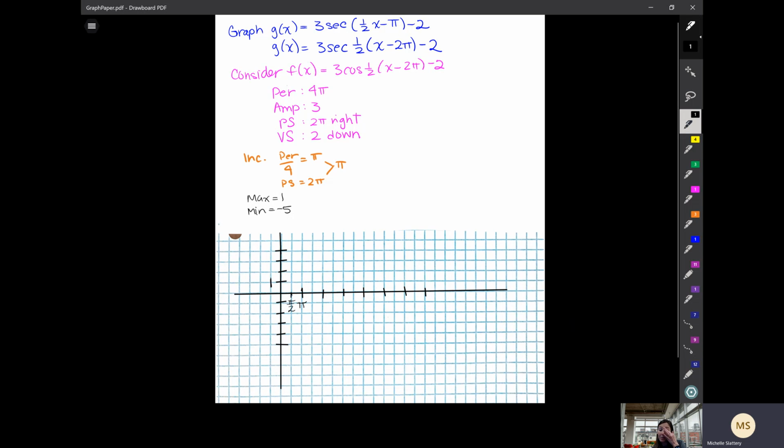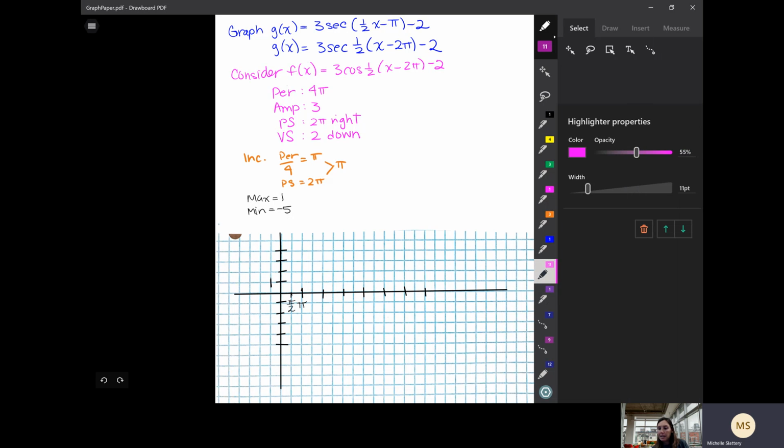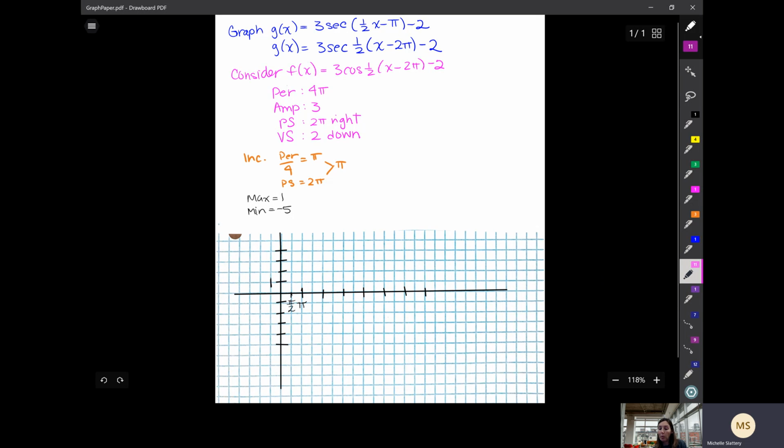Okay, cool. So graphing then what my cosine function would look like. I'm just going to graph that in pink here, and I'm going to have my first point. Finding my first point, let's go ahead and do that. When you calculate that first point, normally our cosine function is at 0, 1.